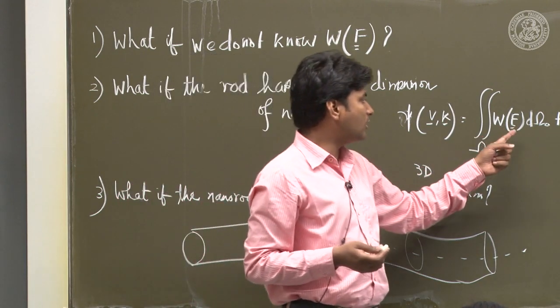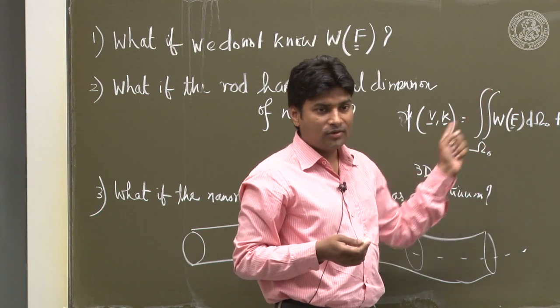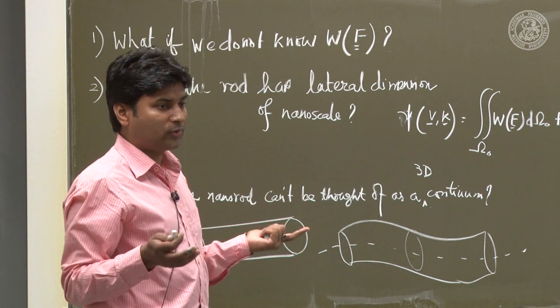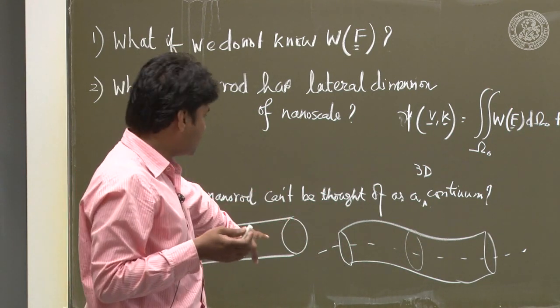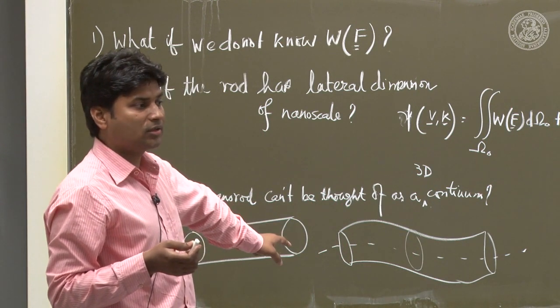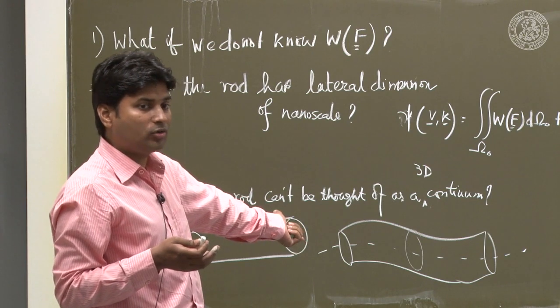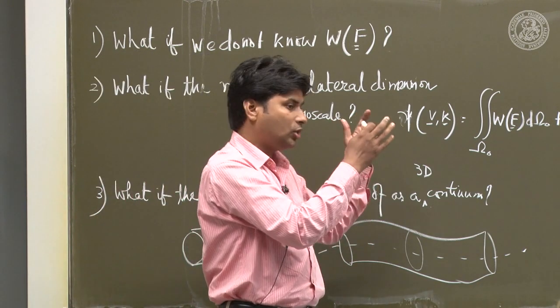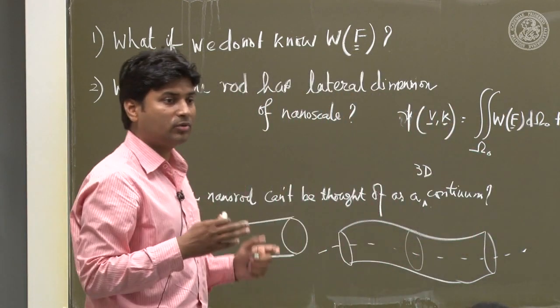You can't even define deformation gradient. How do you get W of F? So, this formula does not work. So, you have to think of some direct approach for such cases without recourse to 3D elasticity, because they are not 3D continuum. So, you can't get the energy by thinking of it as a 3D continuum and then doing this integration. So, we have to think of some direct approach.